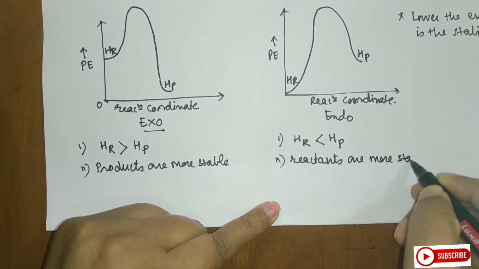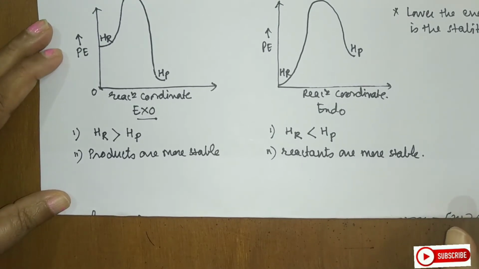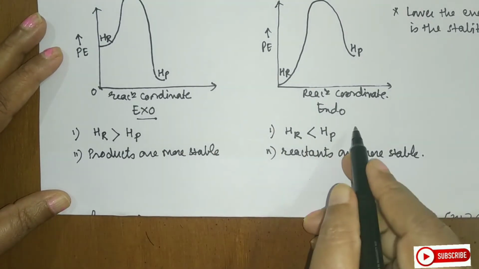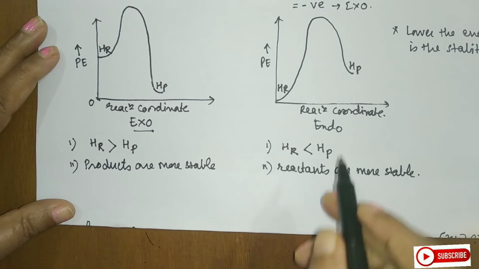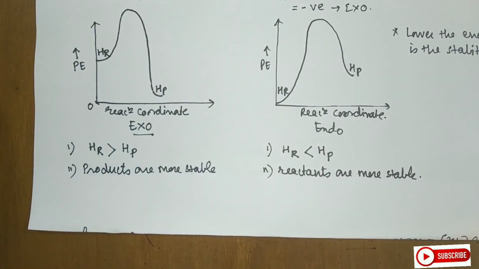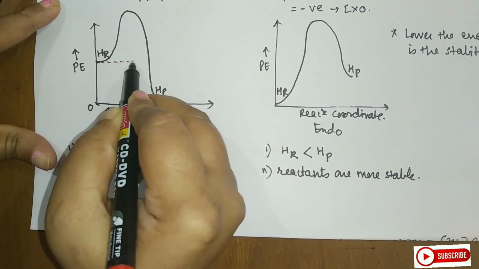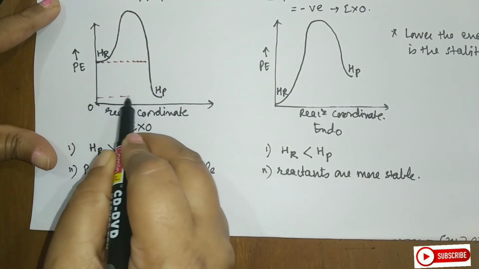So this is the second point of difference between the two. Now, if I try to see the difference between the enthalpies, I will just extend this. So, this is the point and this is the point.